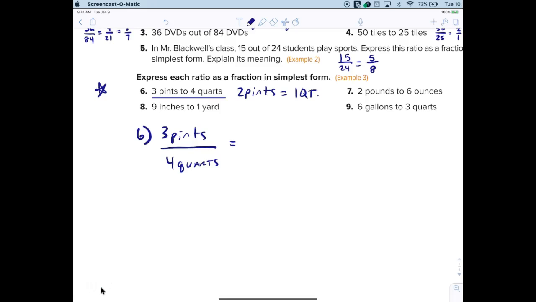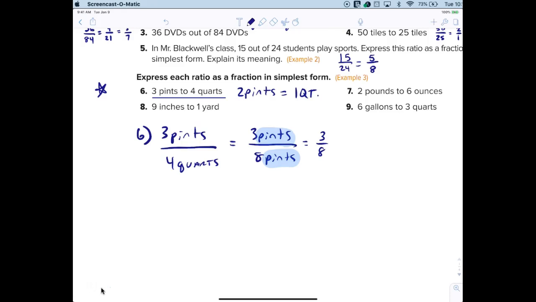Oh. 4 quarts. Yes. We can convert 4 quarts to 8 pints. So I have 3 pints to 8 pints. Now what happens to the pints? Yeah, they cancel out. So the fraction really, or the ratio, is just what? 3/8.